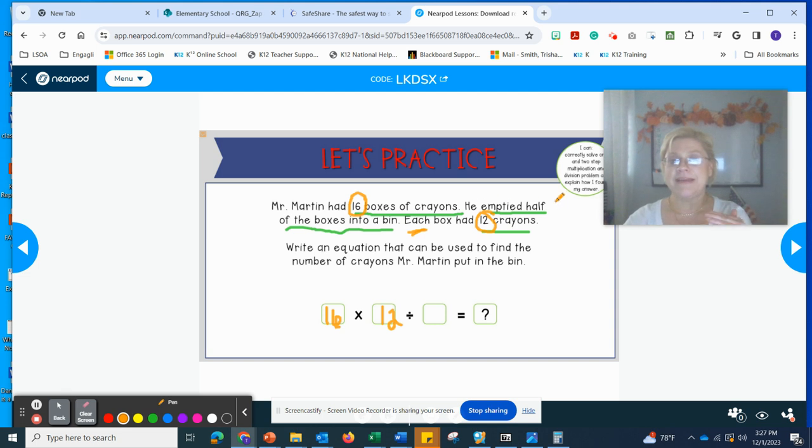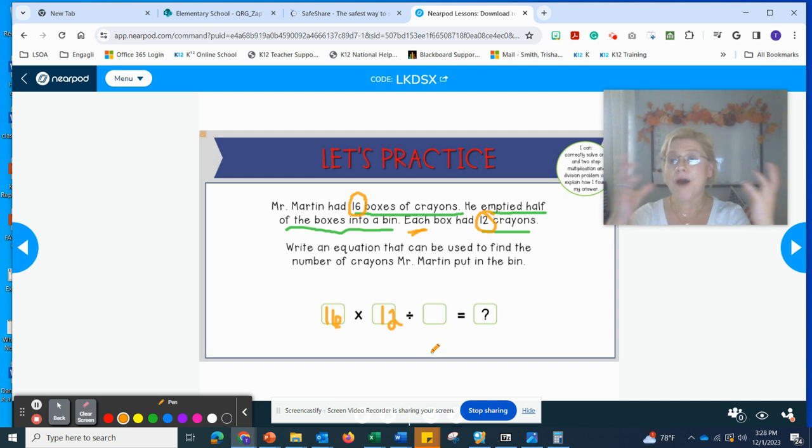Now he emptied half of the boxes into the bin. So now that we have the multiplication part, we can do the division part. We've taken care of all of his crayons.